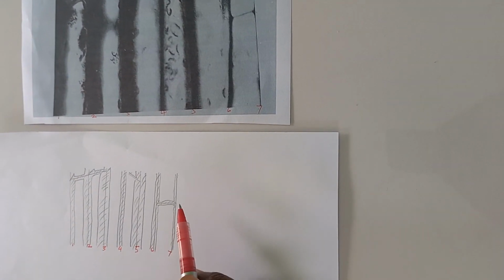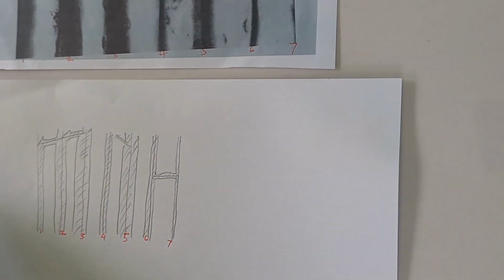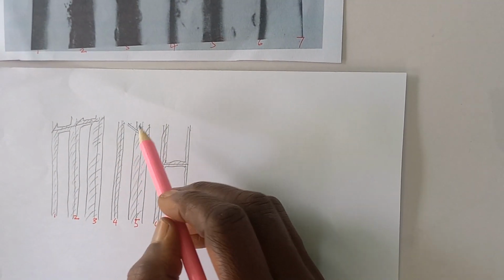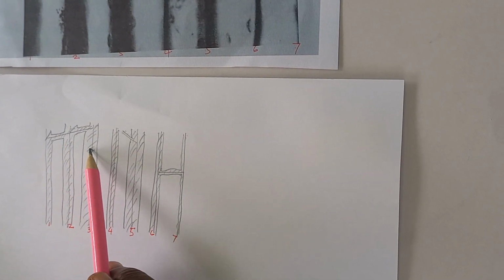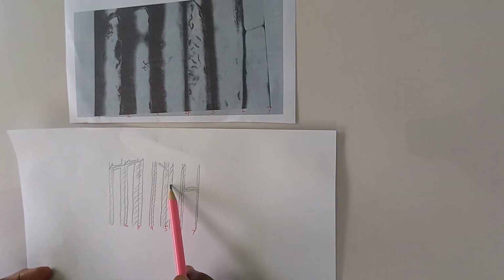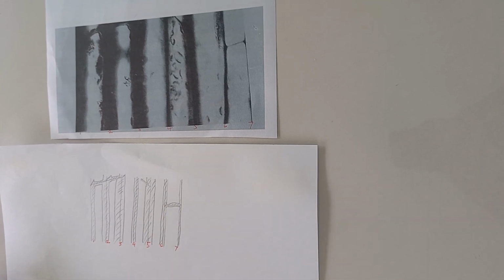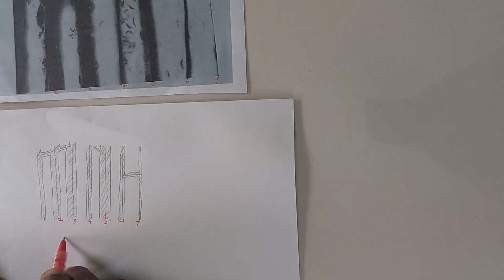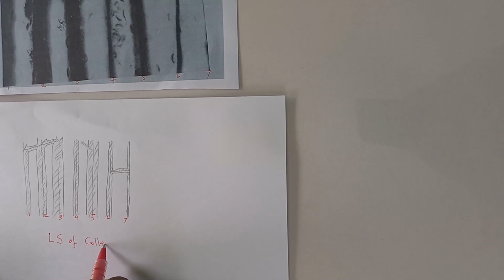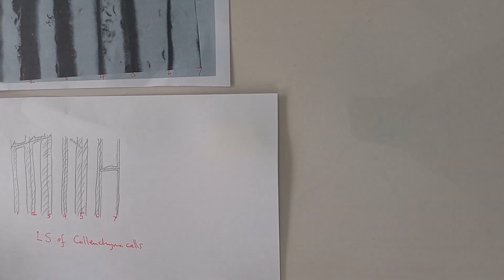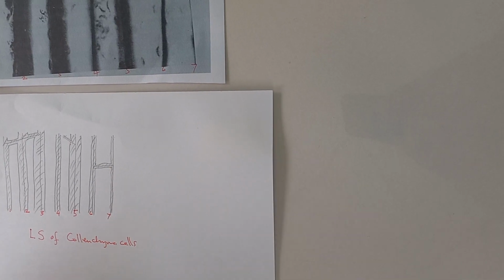These are Collenchyma cells. We can see that some of the walls are thick, very thick, thick, thin, thick, thin, thin. That is Collenchyma. And what we have made is an LS of Collenchyma cells under the optical microscope.